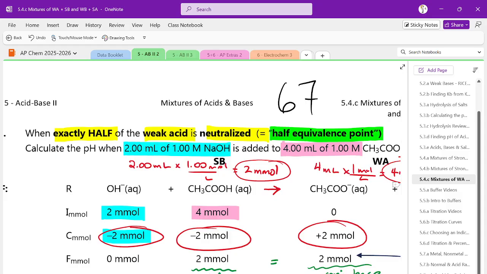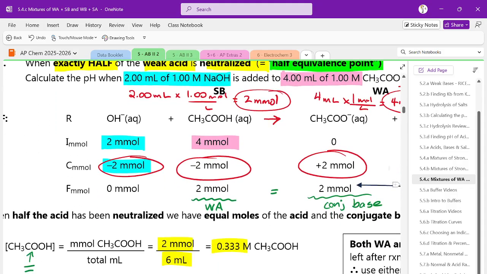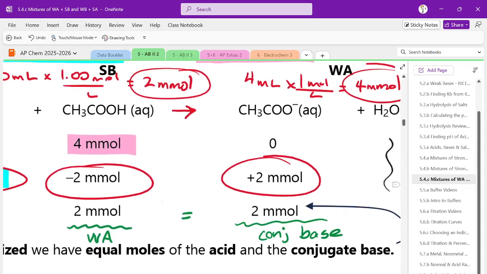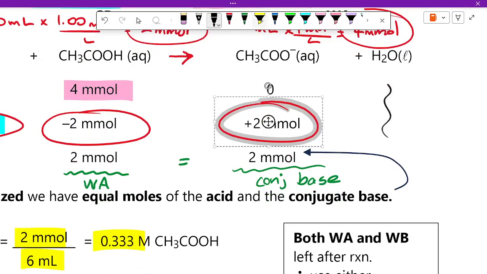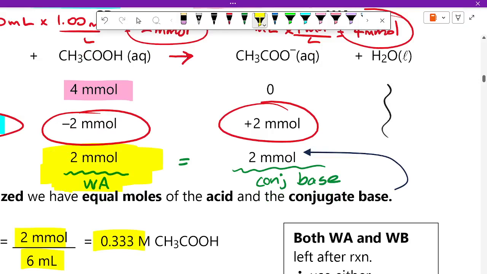So when exactly half of the weak acid is neutralized, remember that you still have half of the weak acid left, but half of it has turned into its conjugate base. So those two species are equal. Yes?